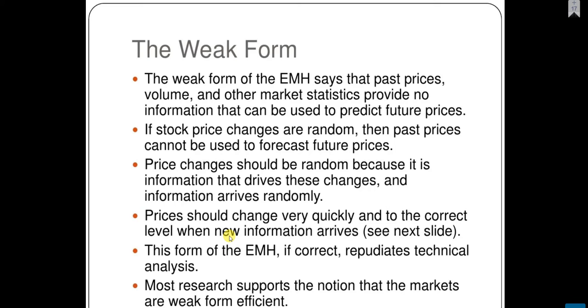Weak form efficiency is one of the three different degrees of efficient market hypothesis. Weak form efficiency, also known as the random walk theory, states that future securities prices are random and not influenced by past events. Advocates of weak form efficiency believe all current information is reflected in stock prices and past information has no relationship with the current market prices.